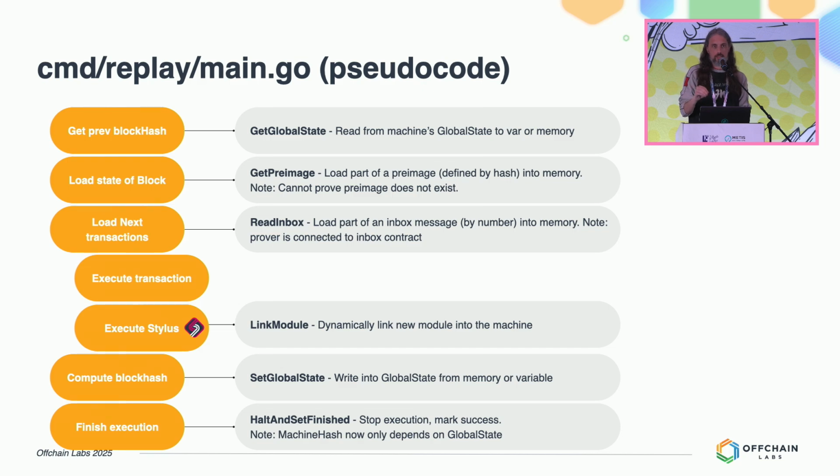The interesting part when designing all of those is to make sure each of them can be one-step provable. So for each of them, we have both an implementation that executes them and a Solidity implementation that, if required, can prove the next block hash from the previous one.